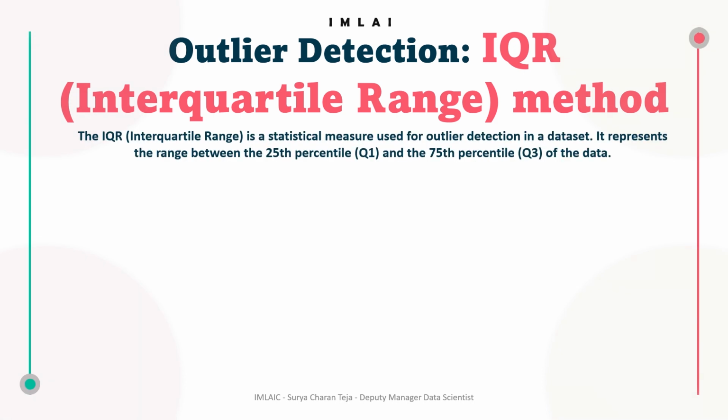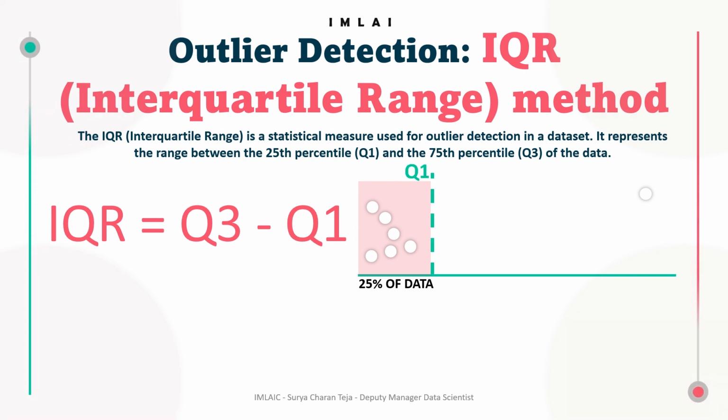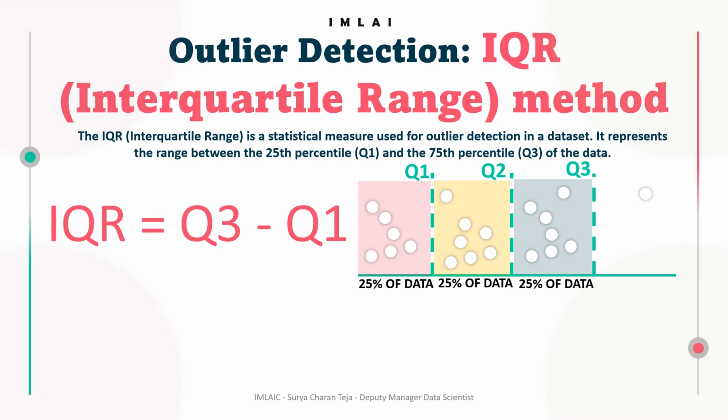It represents the range between the 25th percentile and the 75th percentile. The 25th percentile is called quartile 1, and the 50th percentile is called quartile 2. That's nothing but the median. And then the 75th percentile is called quartile 3.